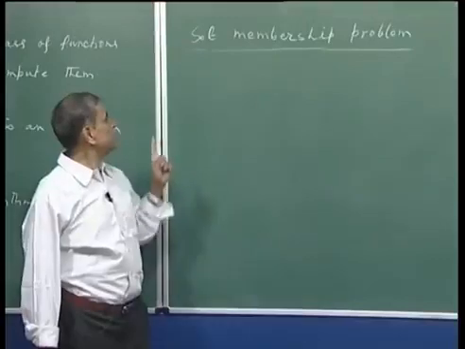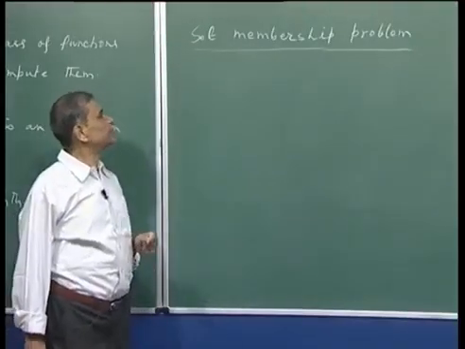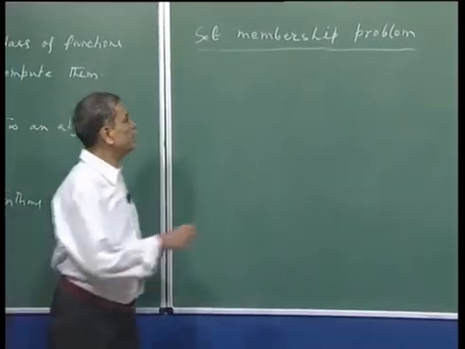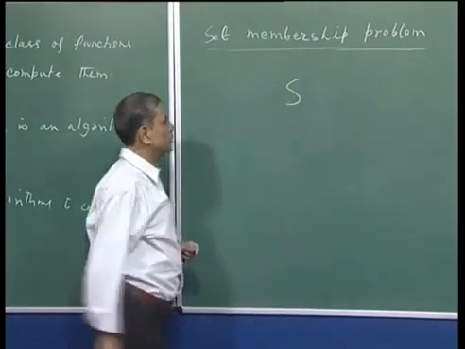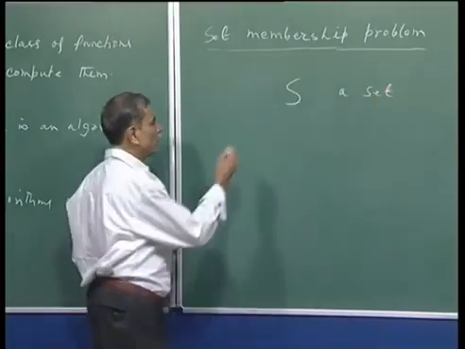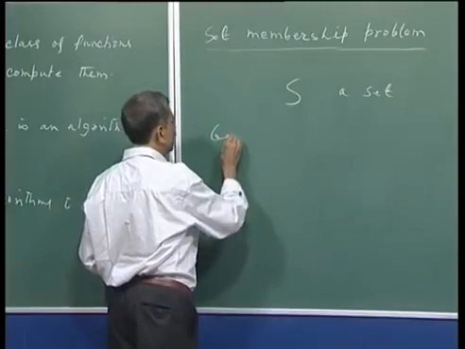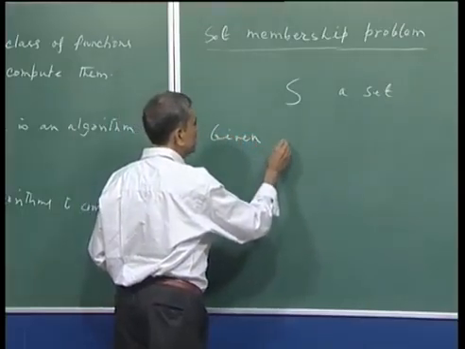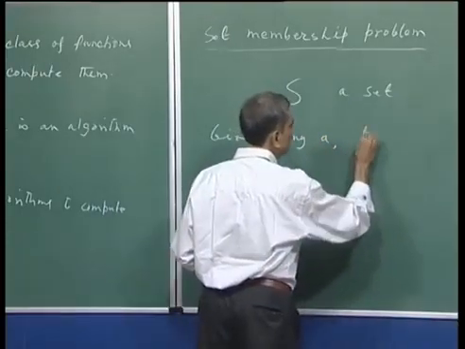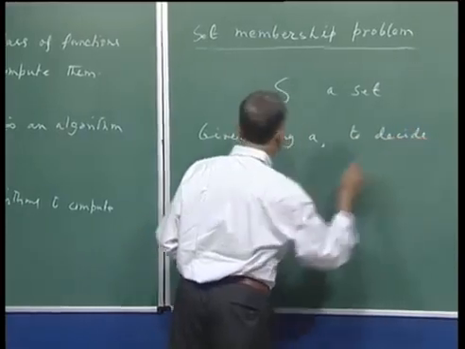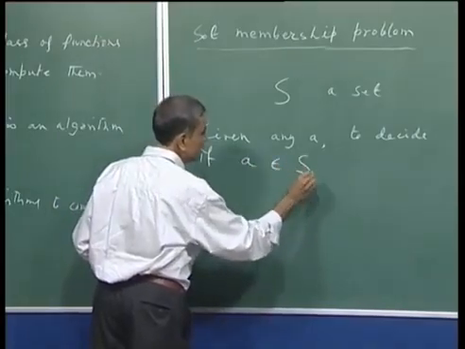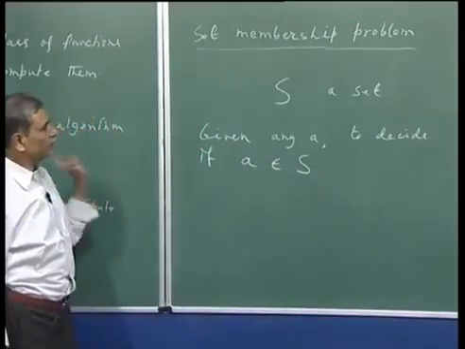So, let us understand what this set membership problem is. It's actually very simple to state. It's a very general problem: you have some set S, and our problem is that, given any A as input, to decide if A is a member, an element of the set S. Very simple, right?